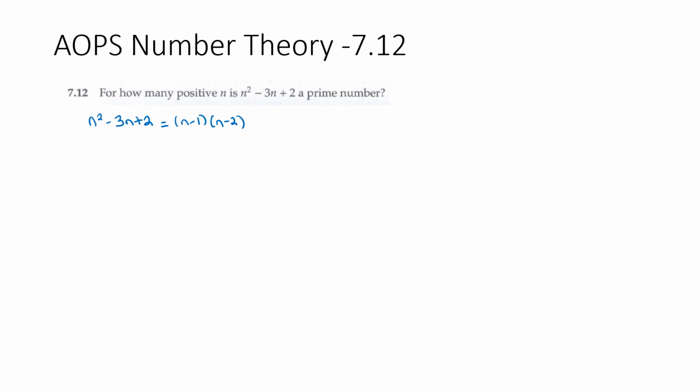So the smaller of these two factors must be 1, so that means n minus 2 is 1 because n minus 2 is smaller, so that means n is equal to 3. And that's the only solution possible, so the number of positive n's is 1.